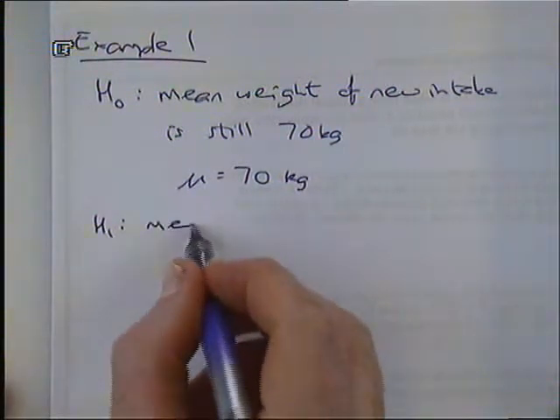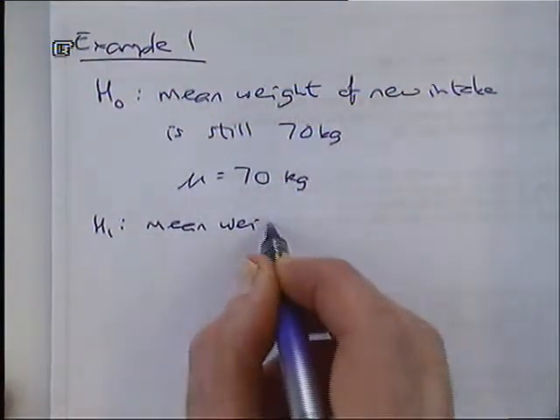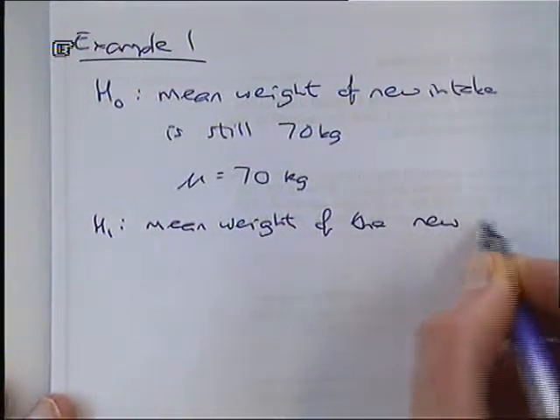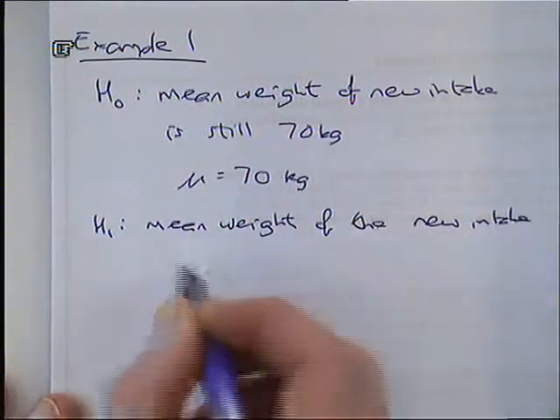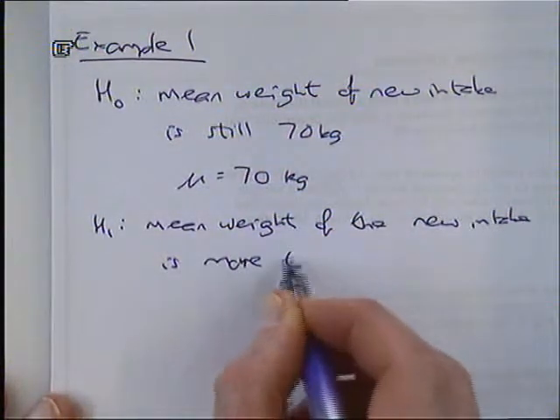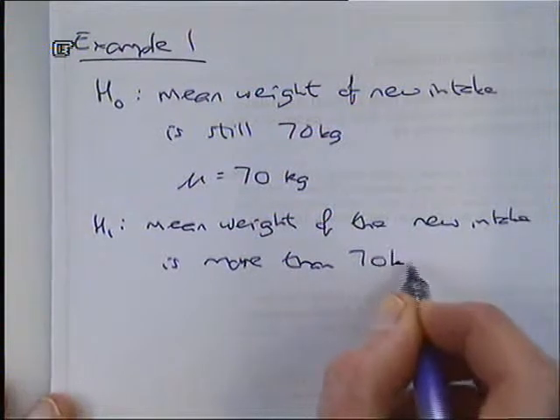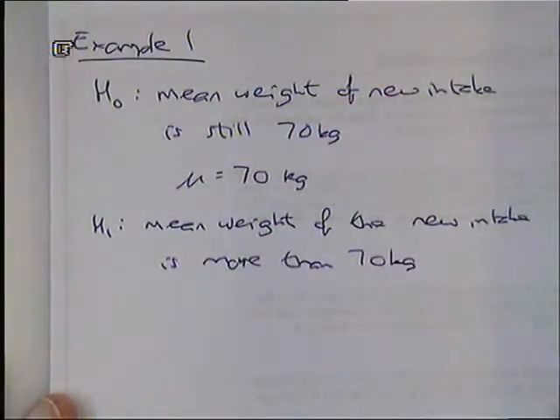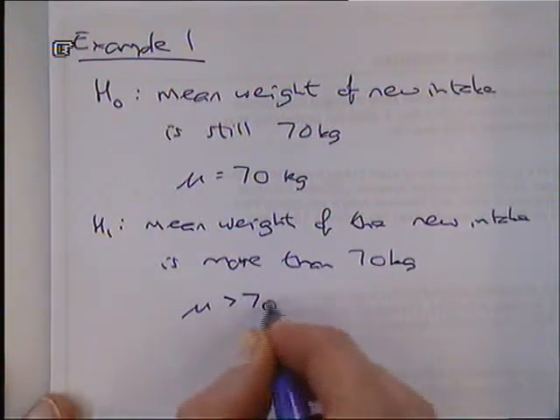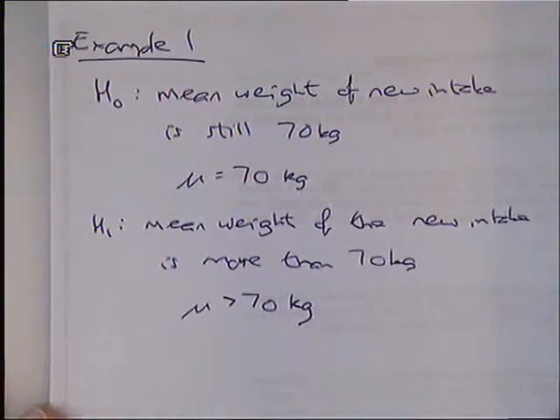So there's your alternative hypothesis. The mean weight of the new intake is more than 70 kilograms. That's our sentence. And if we put that in notation, it's mu is greater than 70 kilograms.